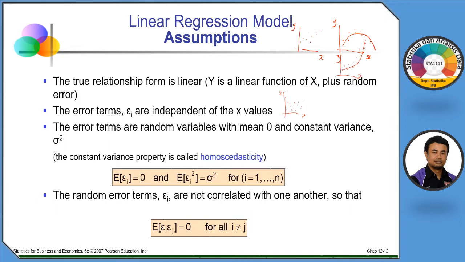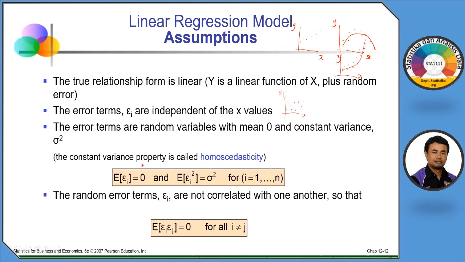So we say that the epsilon i and x are independent, right? And the epsilon i are randomly distributed around 0 with a constant variance. So, right, this one is also another assumption, right? So the error term must be randomly distributed around 0, with a constant variance.